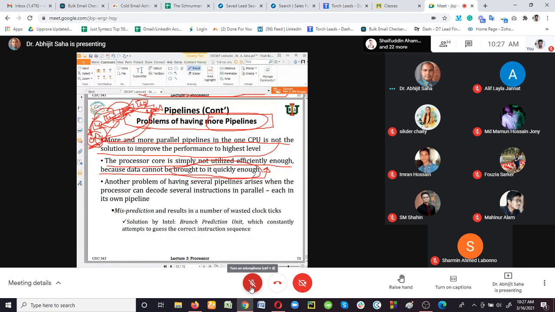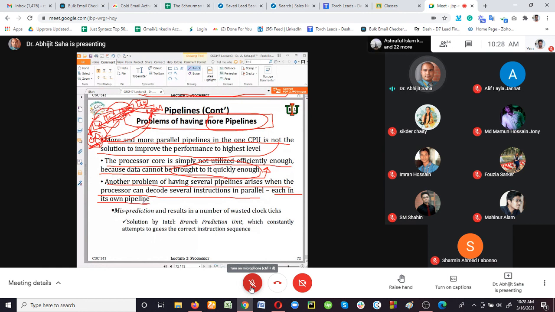Another problem with having several pipelines arises when the processor can decode several instructions in parallel, each in its own pipeline.